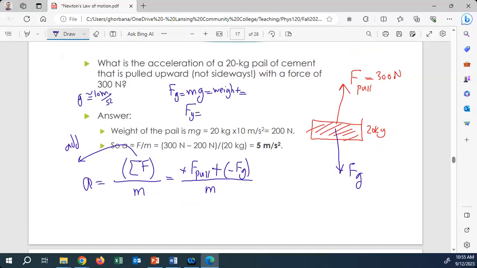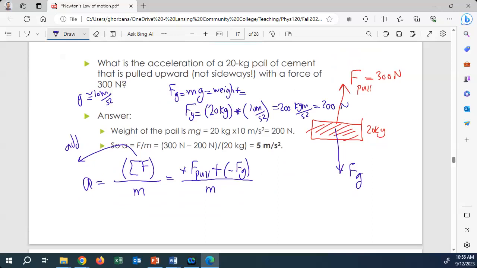The mass is 20 kilograms times g, 10 meters per second squared. 20 times 10 is 200, perfect. 200 kilogram meter per second squared, or 200 newtons. The other unit of the newton is kilogram meter per second squared. You should know both.